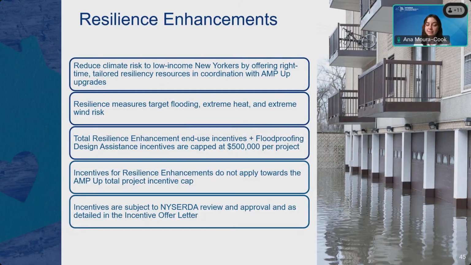You'll see more details about this in the coming slides, but at a high level, these measures include floodproofing of critical electrical and mechanical equipment, incentives for resilient cooling for heat vulnerable populations, and hurricane resistant windows. The incentives are both for the installation of the measure and where design is needed, especially for the floodproofing measures, that is also covered.